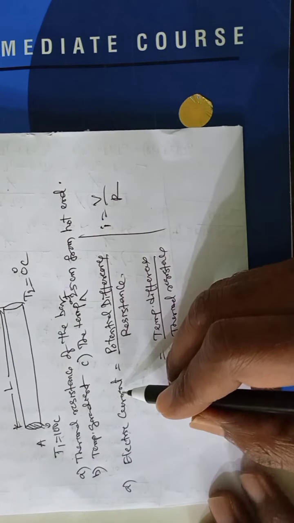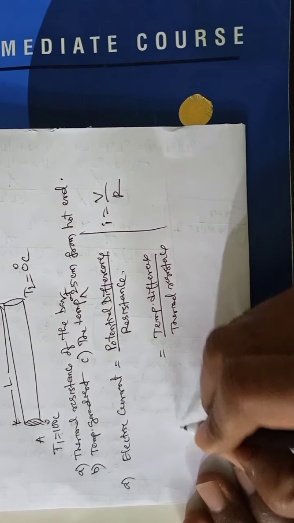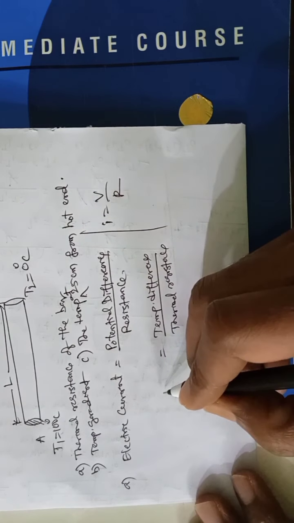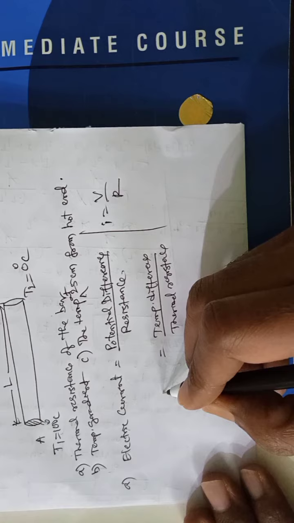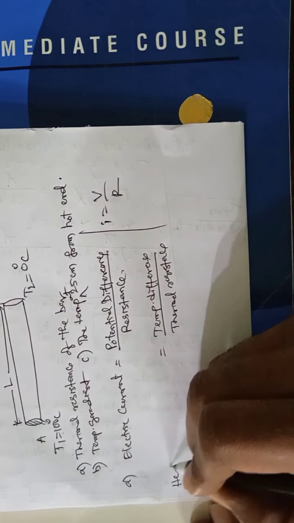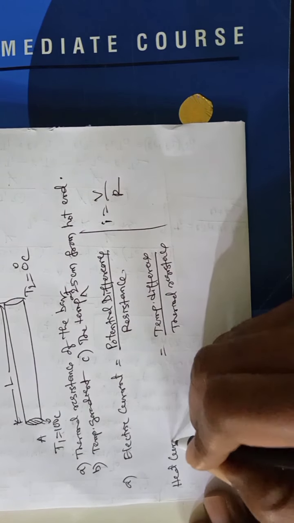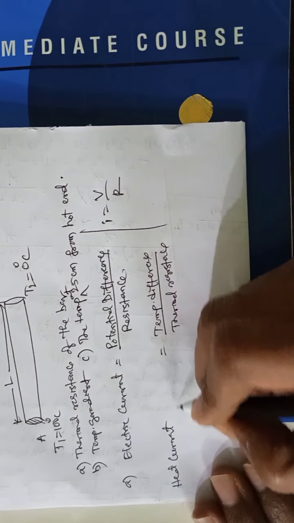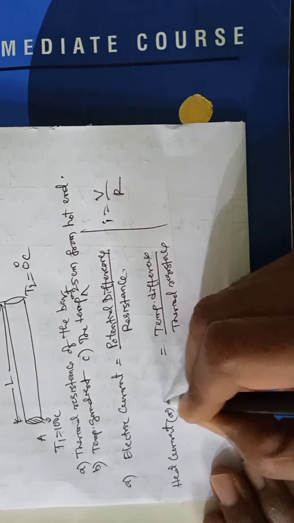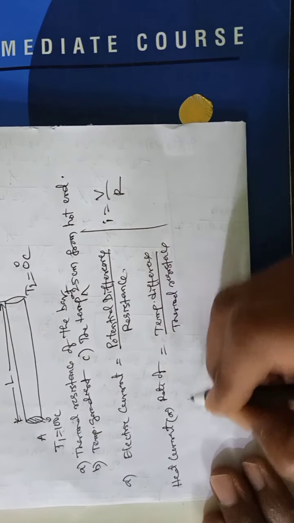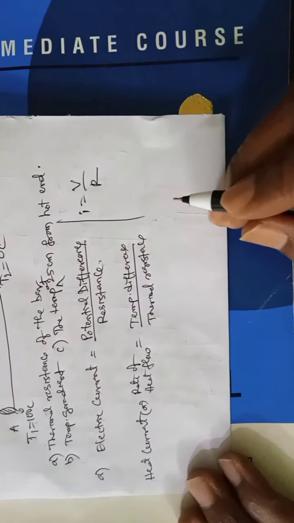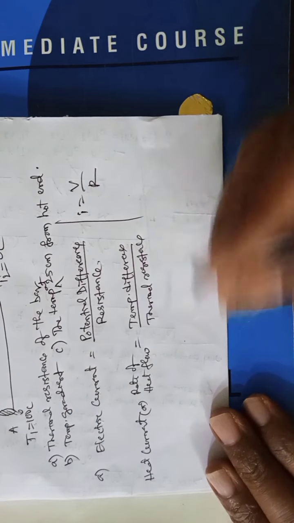And here it is electric current and here it is thermal current. Thermal current means what? Rate of heat flow or heat current. Now let me write the formula.